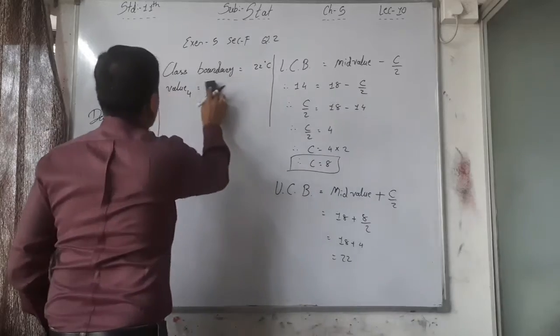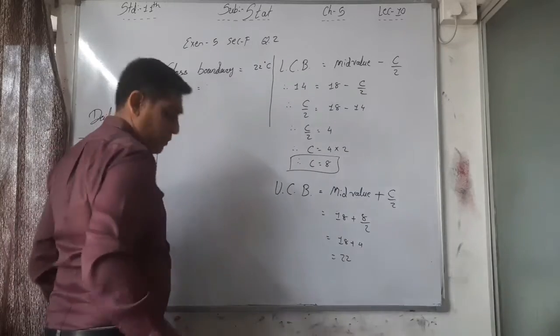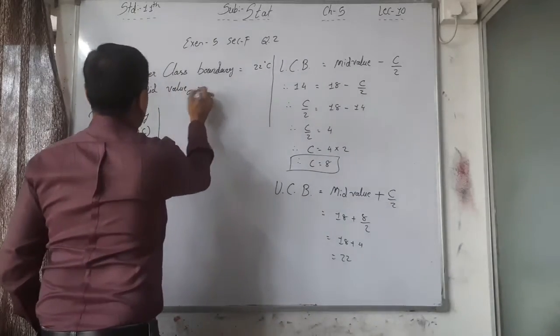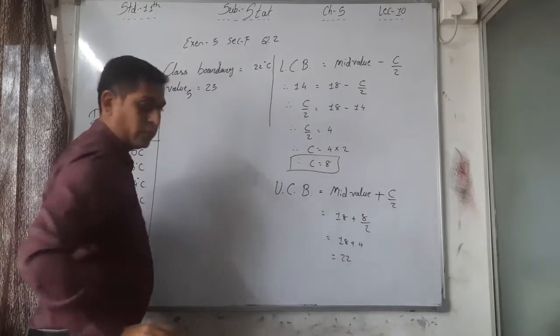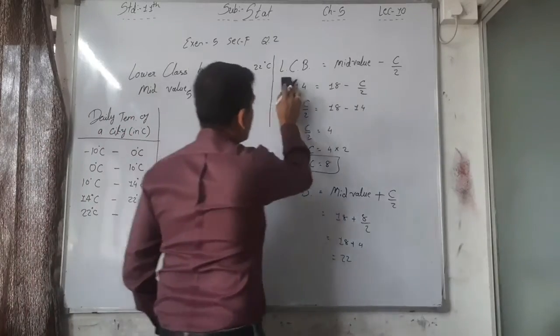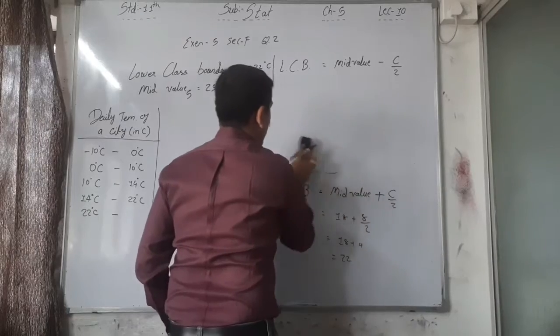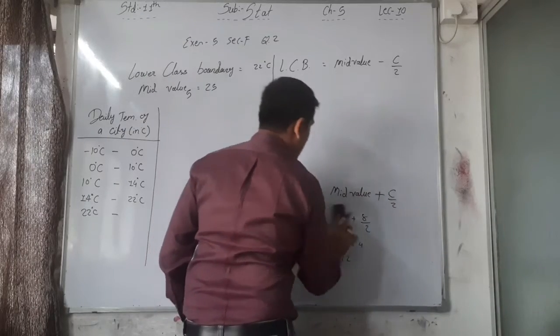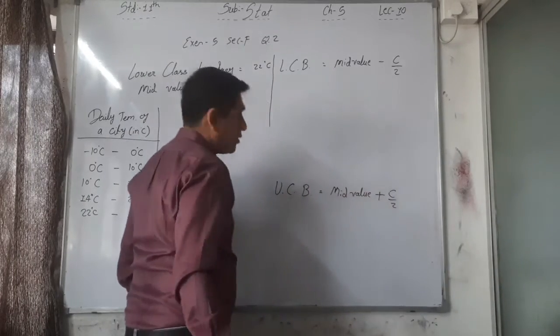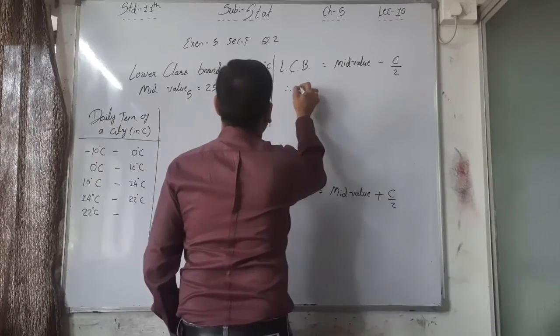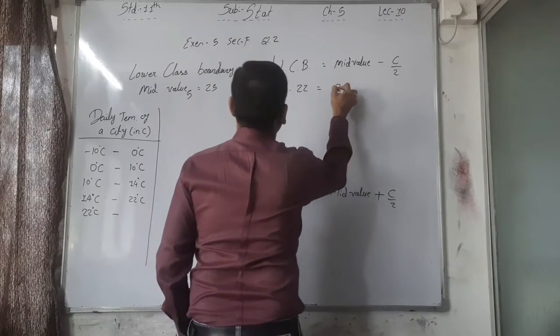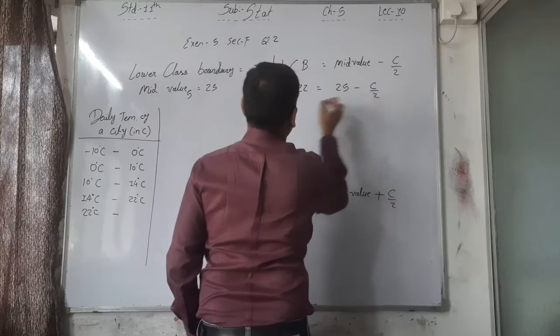And after that, the fifth mid value is 25. Repeat this procedure. Find out the next class length as well as upper class boundary. Lower class boundary is 22, mid value is 25 minus C by 2.